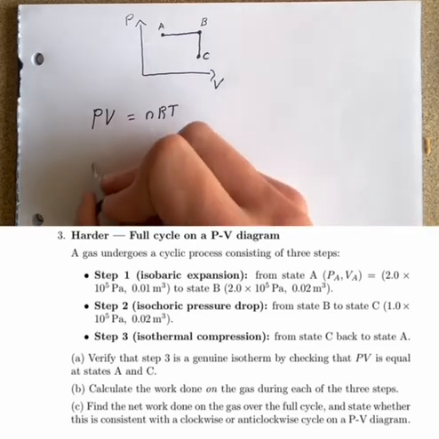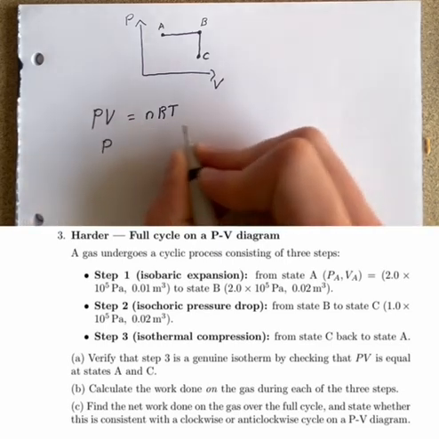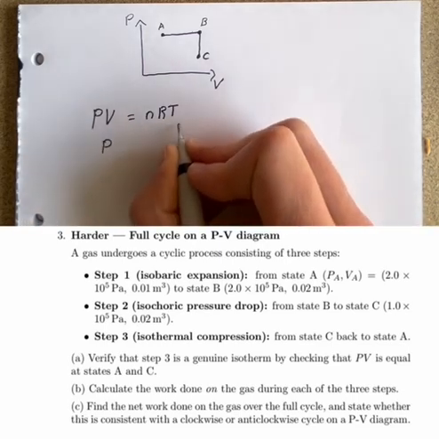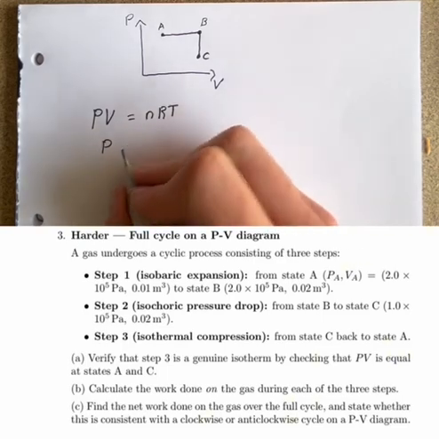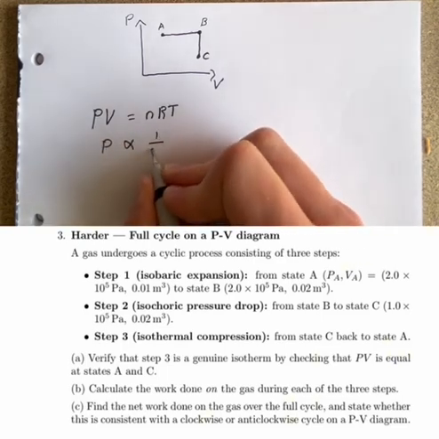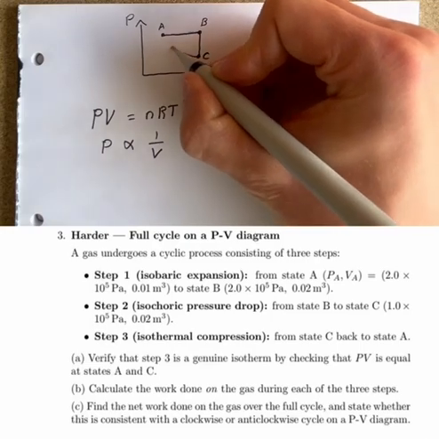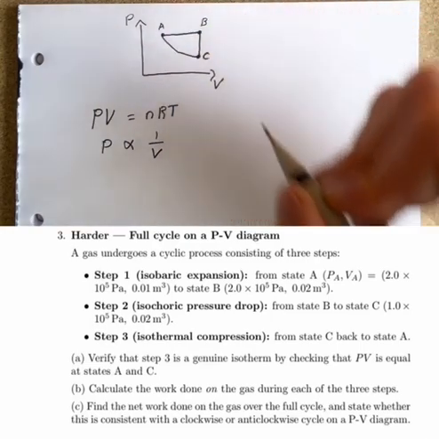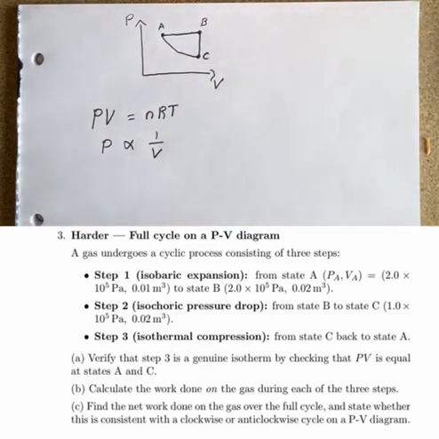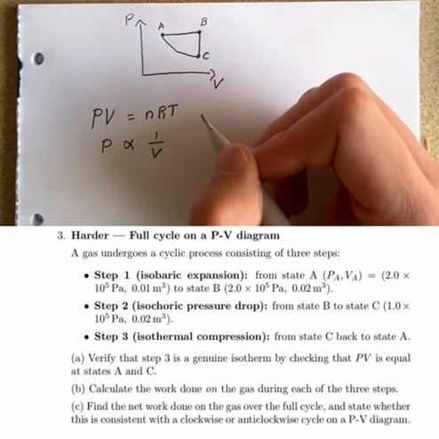And that means that pressure, with a constant temperature since it's isothermal, is proportional to 1 over V. And so that graph looks like a hyperbolic curve. That is a rubbish curve, but that's what it looks like. And that connects C to A.